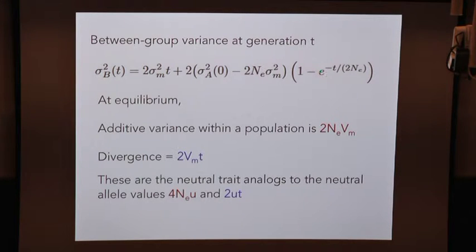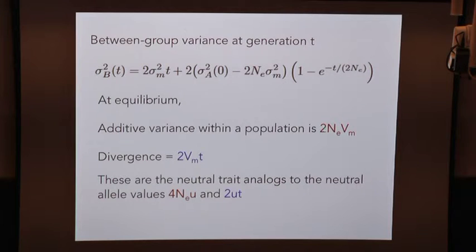That's f of t. So this here basically says, this, as we'll see, is the equilibrium variance. So if the initial and equilibrium variances are identical, you simply diverge at 2 mutational variants per generation. So we have a couple things here. At equilibrium, the added variance goes from its initial value to 2Ne times the added variance, times mutational variance. The divergence per generation is simply 2 mutational variants.